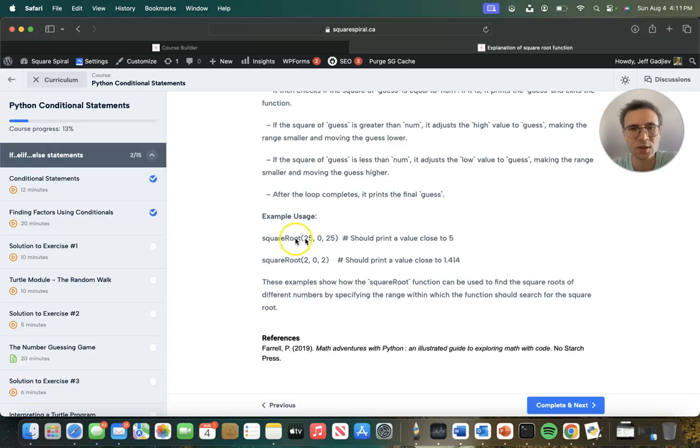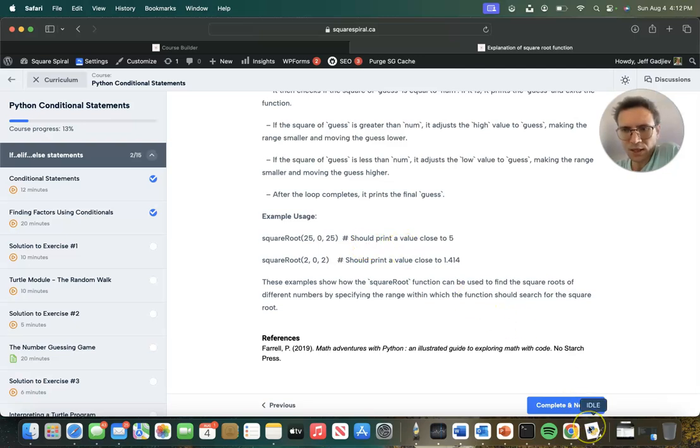So we technically don't really need to use this function to do this. Well, the square root of 2, right? Let's say our lower bound is 0, our upper bound is 2, it should print a value close to 1.414. So these examples show how the square root function can be used to find the square roots of different numbers by specifying the range within which the function should search for the square root.